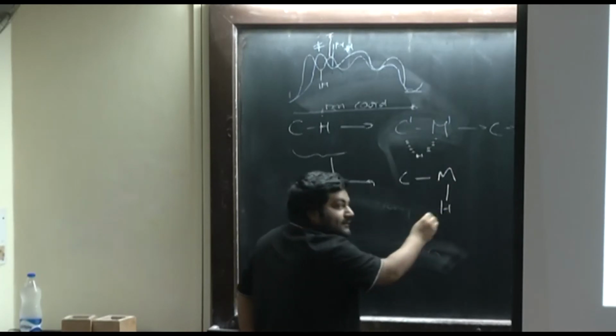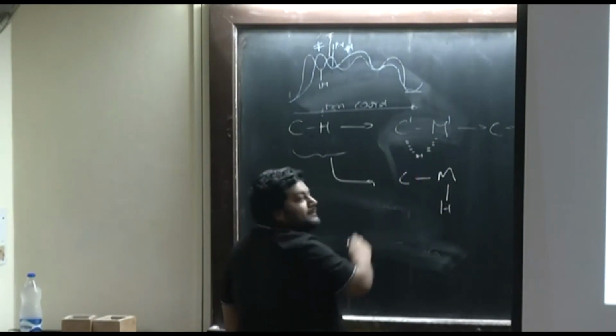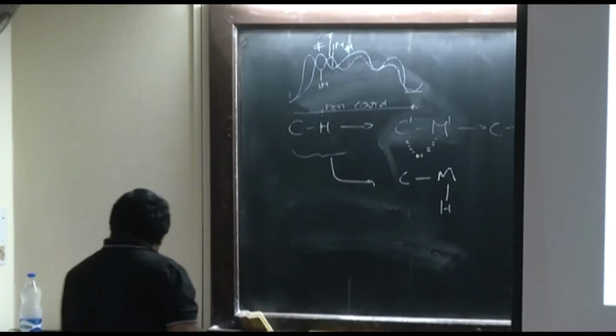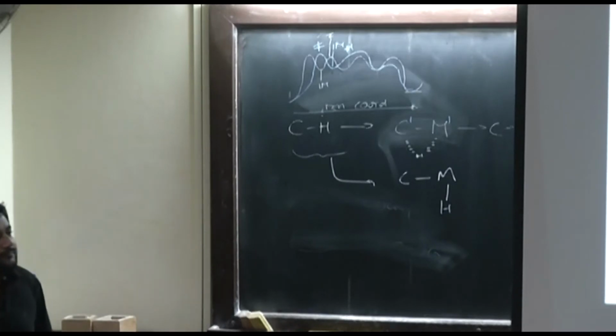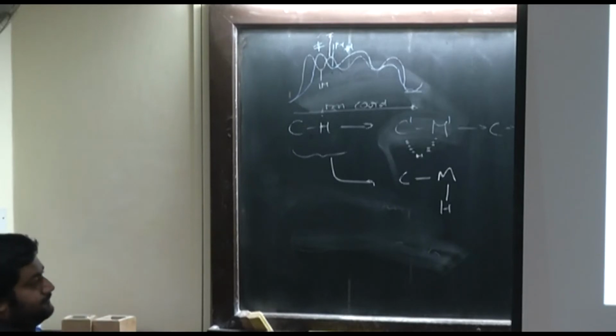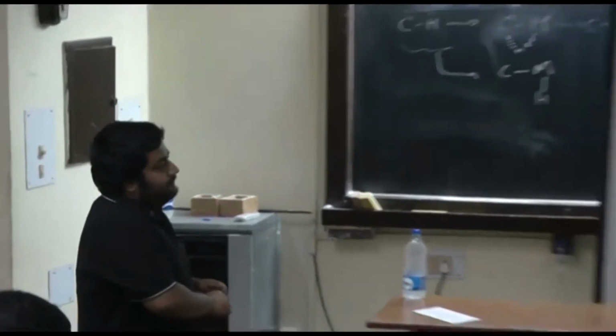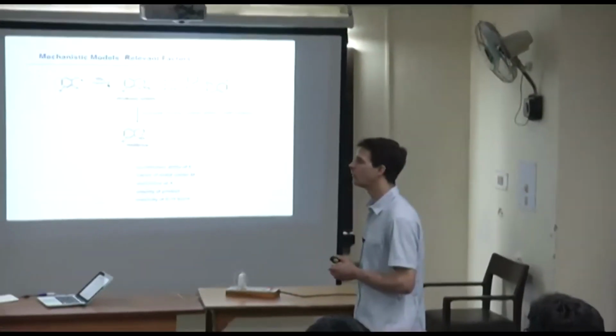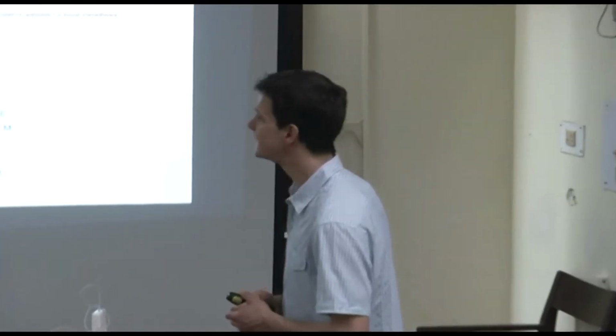How do we distinguish between them? Very good question. If you just look at geometries, it's almost impossible to say whether you have arrested an agostic interaction or an electrophilic cluster.